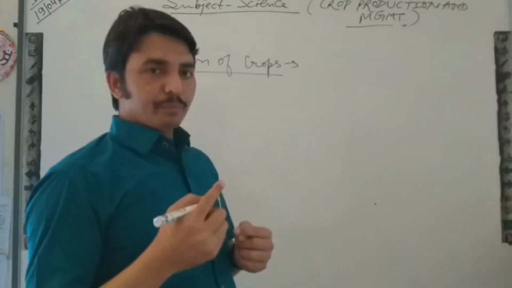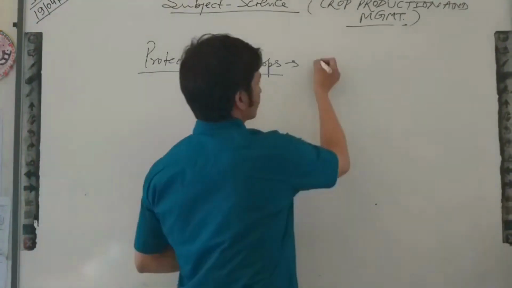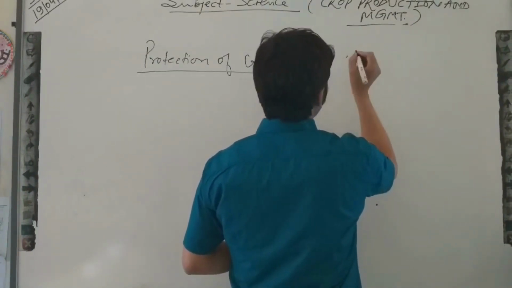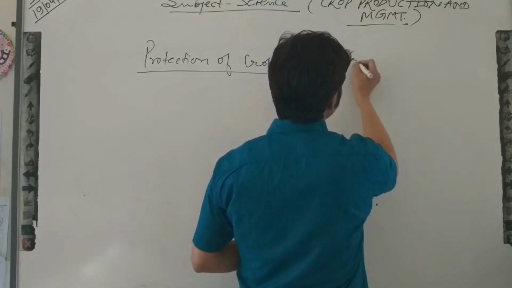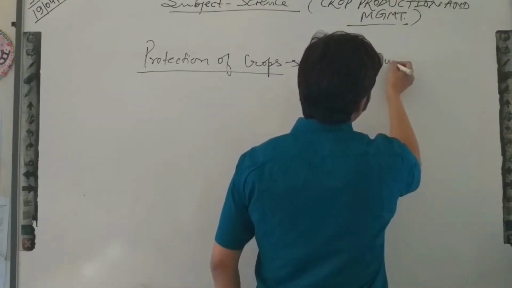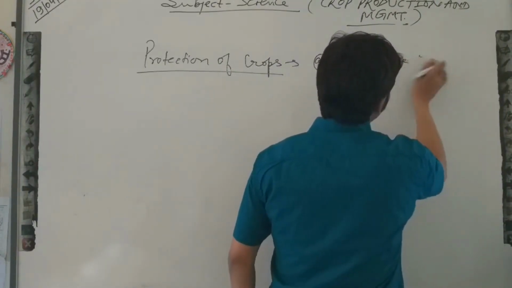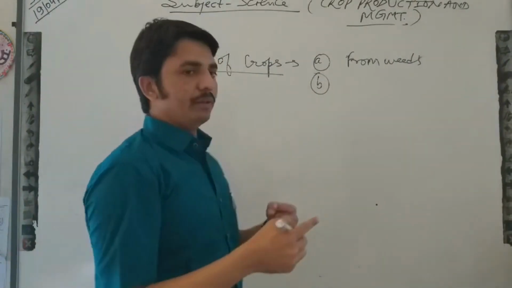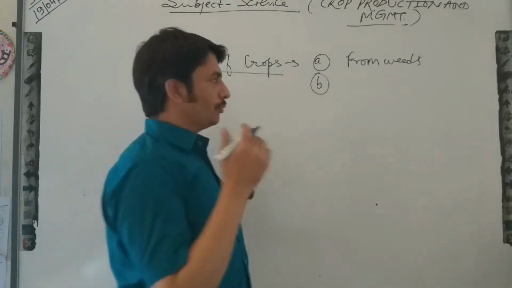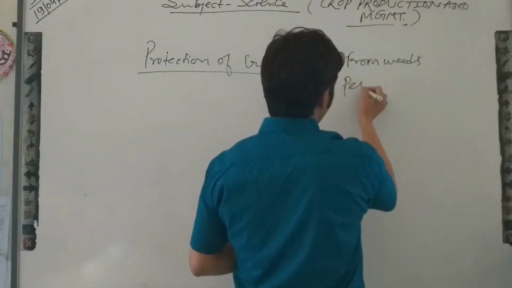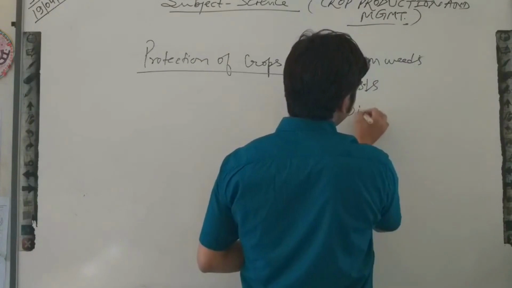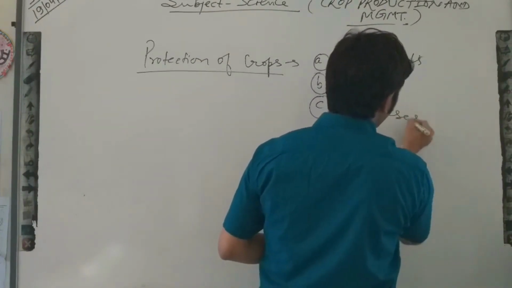First, we are protecting crops from weeds. So first we have to protect the crop from weeds, second from pests, and third from diseases.